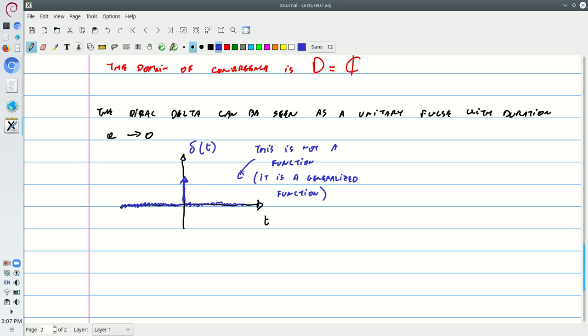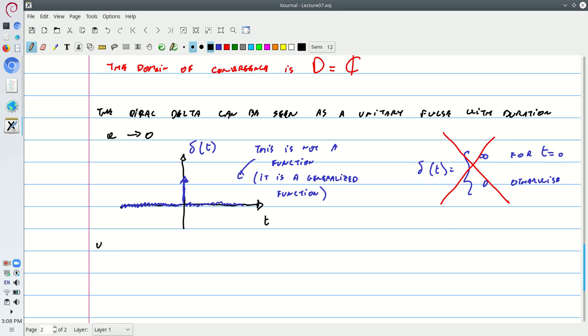Since it's not a function, I cannot write delta of t equal to infinity for t equal to 0, 0 otherwise. I cannot write this. And also, if I do, how do I compute the integral of something like that?